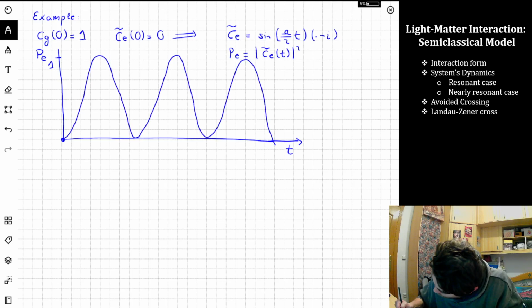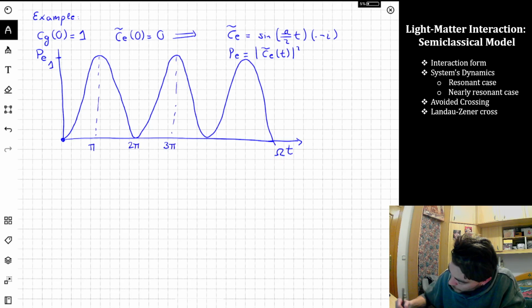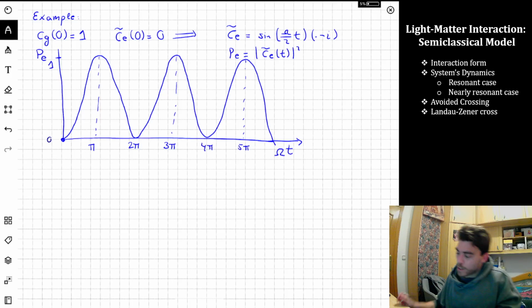The frequency of this is clearly Ω divided by 2, so if we put Ωt on the axis, then this is exactly π, this is 2π, this is 3π, because again this axis is Ω times t. Ω is a frequency, remember. This is 4π, this is 5π, etc. This is 0, this is 1.